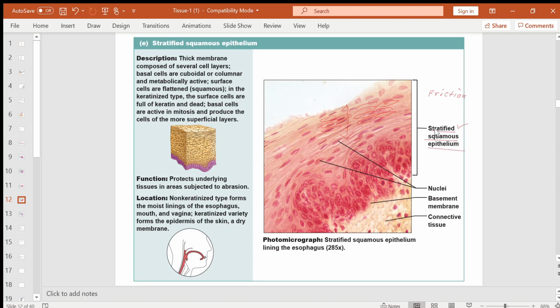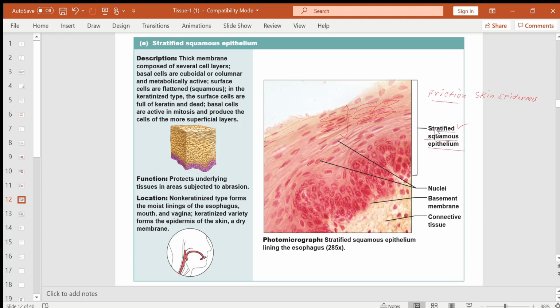So now you know that the outer layer of the skin, which is the epidermis of the skin, always we get friction on the surface of the skin. So skin epidermis is stratified squamous. It makes sense, right?